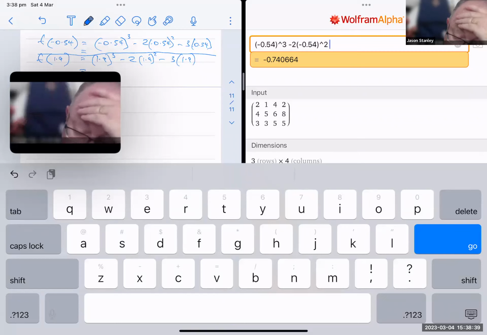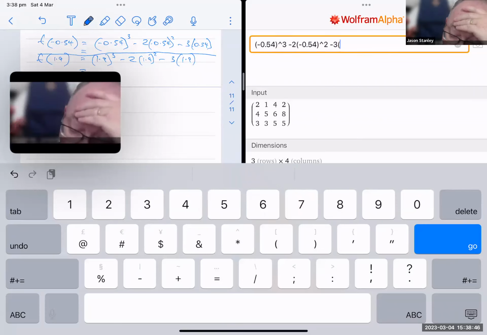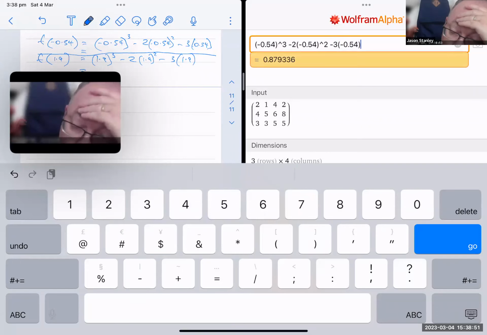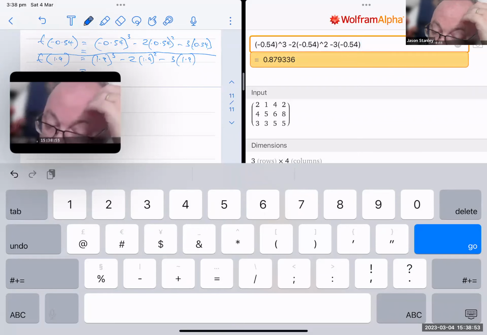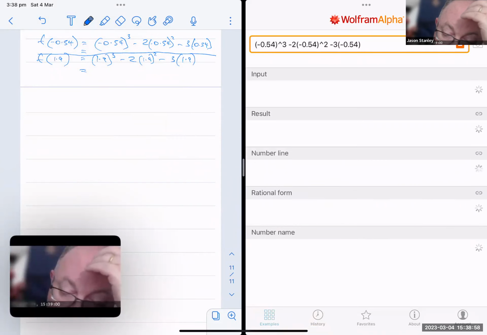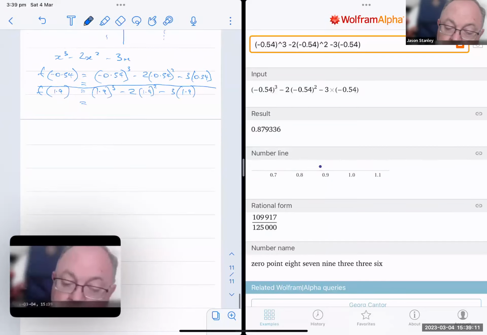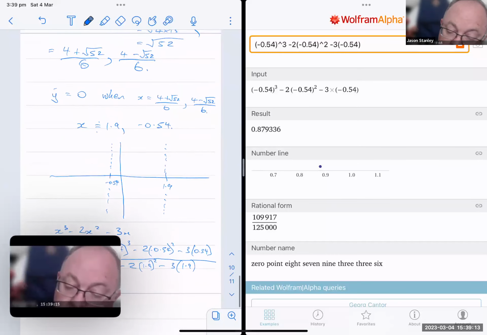What's the next one? Minus 3 times bracket minus 0.54. It's good that we're doing this anyway. So all of that should give me the y value. Minus 0.54 cubed, minus 2 times minus 0.54 squared, minus 3 times minus 0.54. It gives 0.8796, which represents the y value, so it's positive.